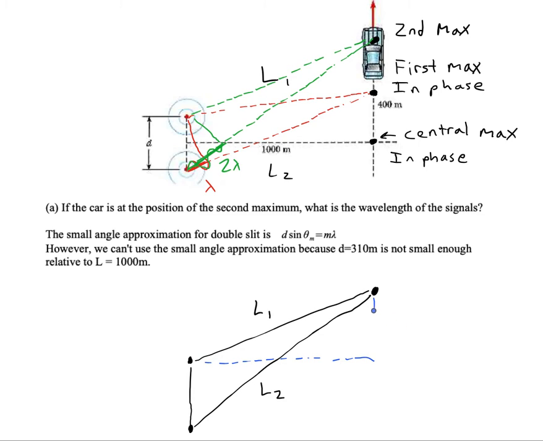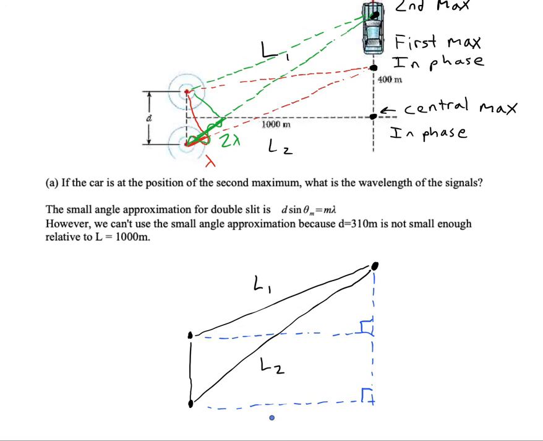We can create right triangles for the purposes of figuring out how long each of the paths is. We know the base of each triangle is 1,000 meters. And we just need to figure out what the height of each triangle is. So there's going to be a certain height for this one, and then there'll be a different height for the other one.